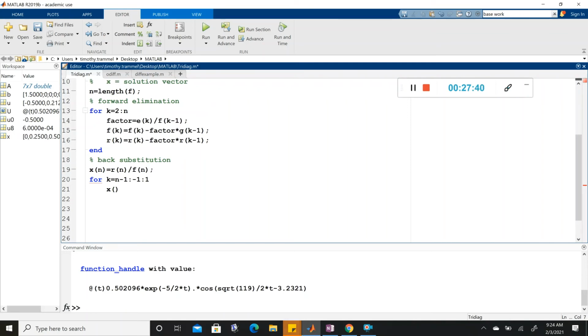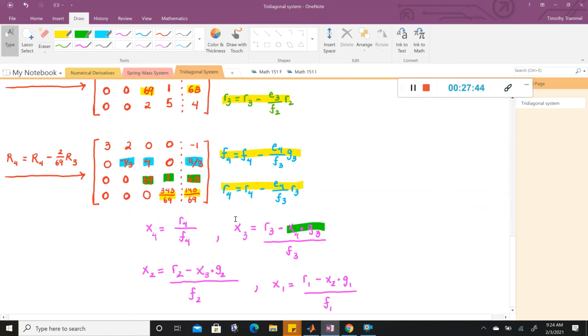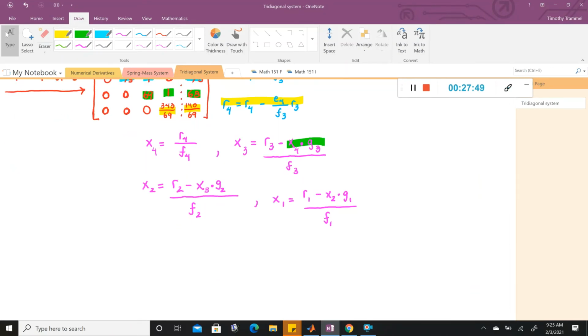And let's go see what those little formulas look like. Right here. So all these purple ones other than the first one, we've already taken care of the first one. It looks like to get x3, you do r3 minus x4 times g3 over f3. And notice these all follow that similar pattern.